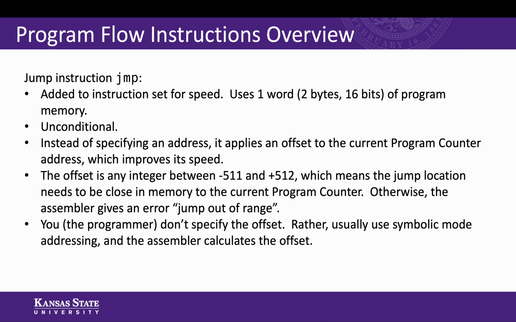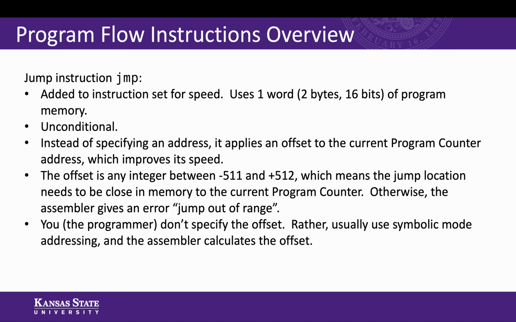And the offset cannot be just anything. It's limited to integers between -511 and +512, which means the jump location needs to be close in memory to the program counter. Otherwise, the assembler gives an error, jump out of range. For example, this is perfect for if-else and case, where in your code, your if condition and your else condition are very close in the program.